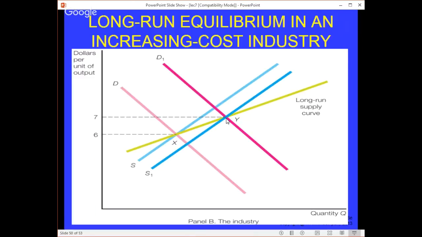Why? Because now input prices have risen. So that makes my long-run average cost curve and my long-run marginal cost curve higher. So it goes back down to 7. I connect the 2 dots, and I get my long-run supply curve, which is no longer flat. In this case, because input prices have increased, it's upward sloping.